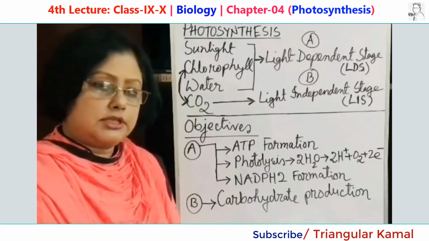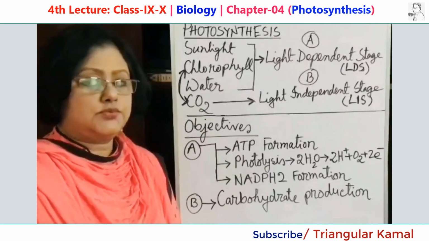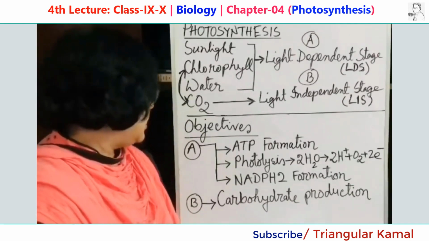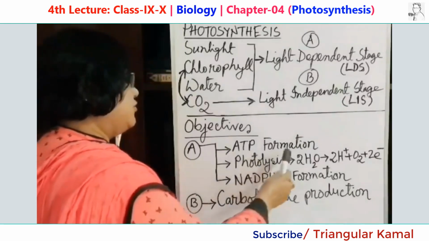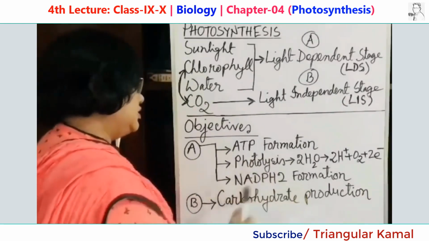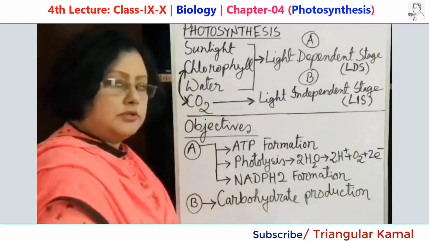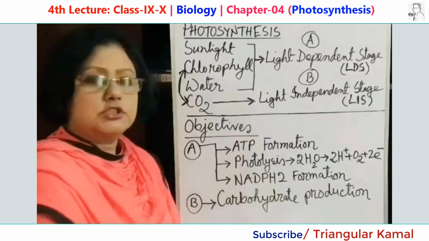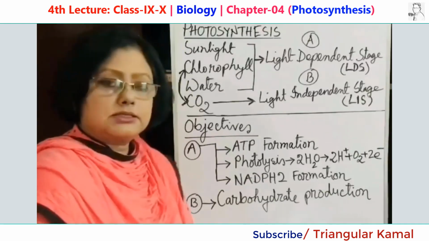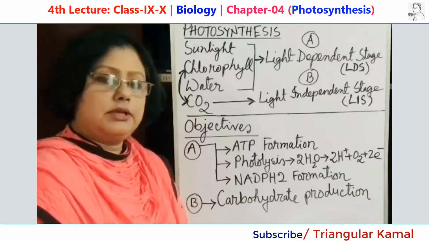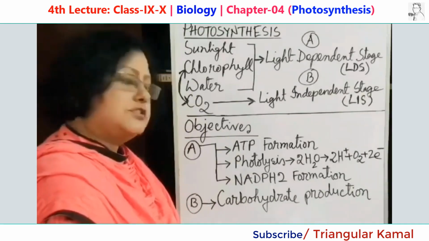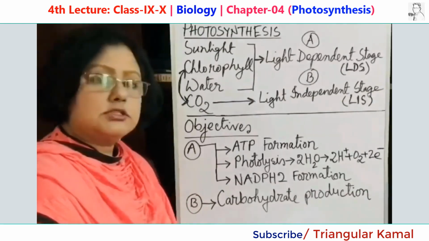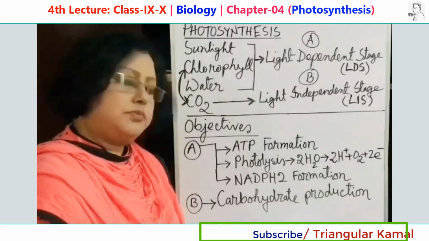Now come to the next point. What are their objectives? The objectives of the light dependent stage are ATP formation, photolysis of water and NADPH2 formation. Now come to the first point. What is ATP formation? ATP is a kind of energy coin in plants and animals, and its full form is adenosine triphosphate. And what is the composition of this ATP?